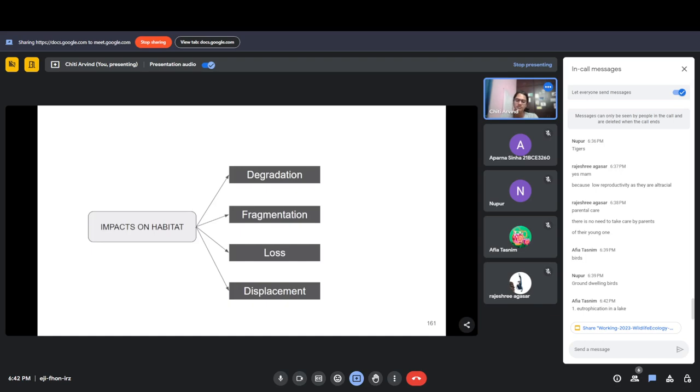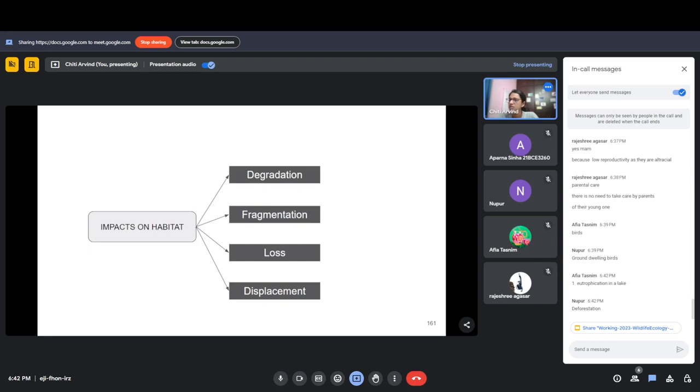Okay. Eutrophication in a lake. So, okay, yeah, deforestation, right? So all of this leads to degradation of a particular habitat, well, deforestation basically fits better in another category. Which category do you think that fits in, Nupur?